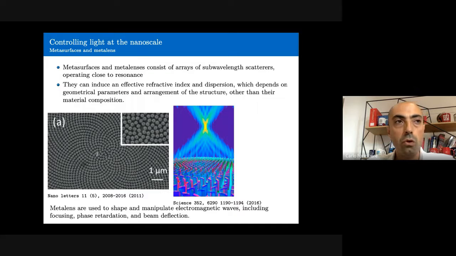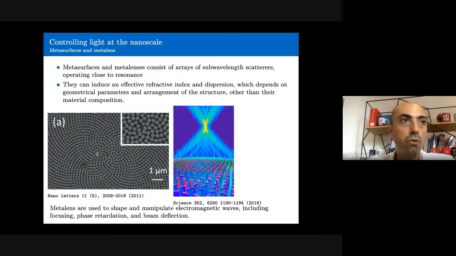Why? Because these particles, as we will see in the next slides, may resonate at nanoscale. They will show an enhanced response that allows us to use them as building blocks of larger structures that control and manipulate light at nanoscale. As you can see in this slide, the single building blocks are made by very small nanoparticles that allow us to control waves, focus them, engineer the phase retardation, and deflect the beam.